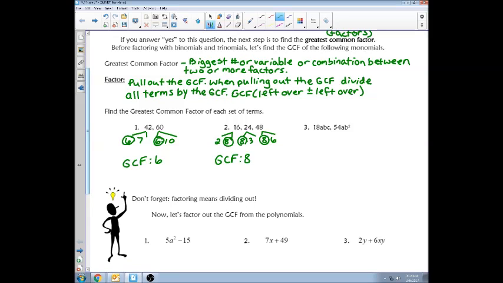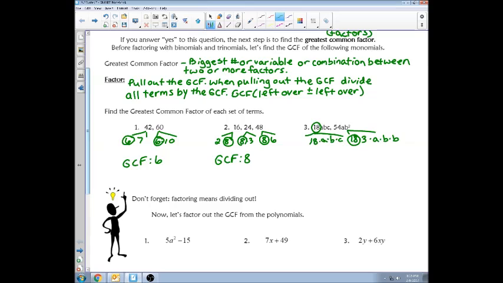For number 3, I need to break this up into numbers and into variables. So 18 I can break into 3 times 6 times A times B times C. And 54 can be broken into 18 times 3 times A times B times B. What you're going to notice here is I actually could use the 18 as what it shared, so I would not have had to break this into 3 and 6.